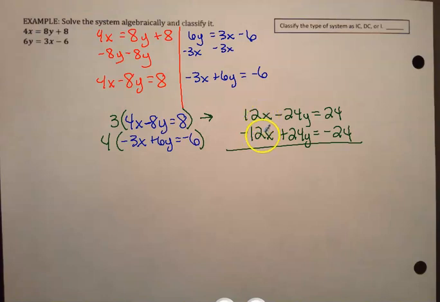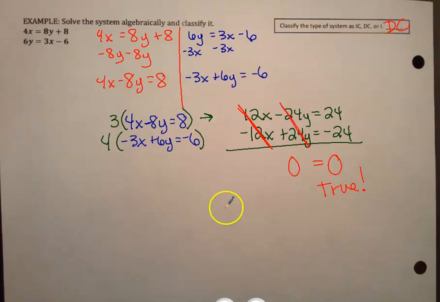So 12x and negative 12x cancel. Negative 24y and positive 24y cancel. So we're left with 0 on the left of the equal sign. 24 minus 24 equals 0. Okay. So here it's a true statement, which means this is, what did we say this was? Dependent consistent, right? This is dependent consistent.